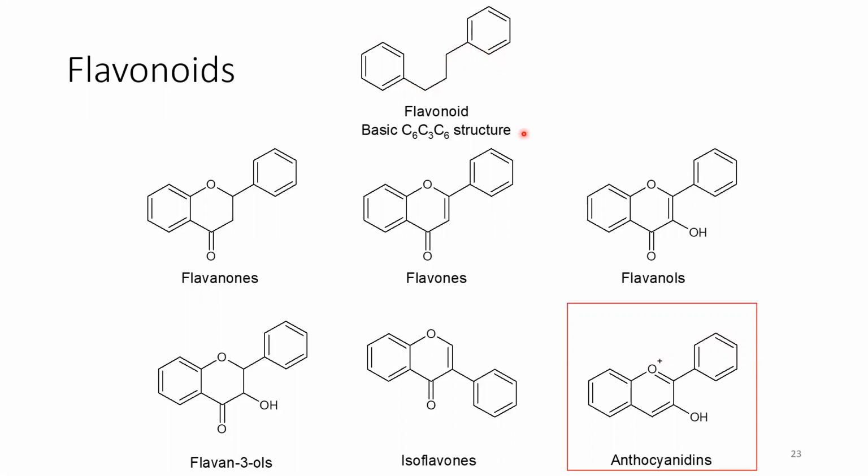The ones we're going to talk about here are the anthocyanins. This is an anthocyanidin, but the anthocyanins are the ones that have the colors that we add to foods. Some of the others do have some color, but they're not really commercially extracted and available. So mostly we have these anthocyanins.